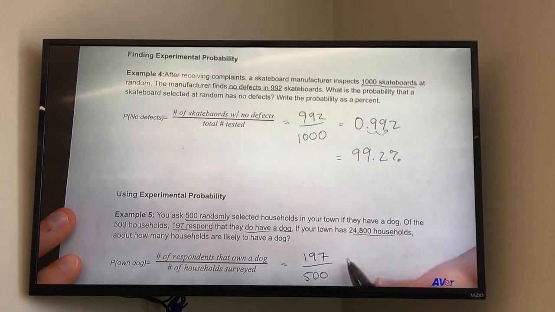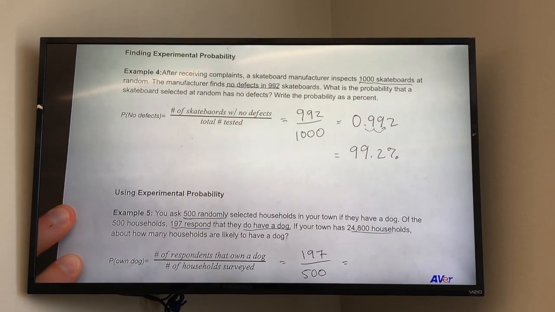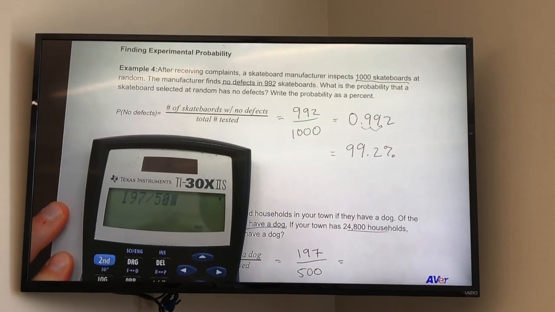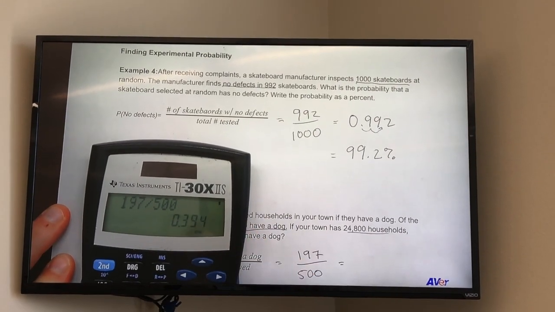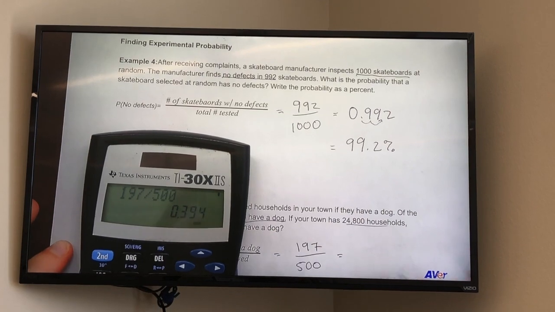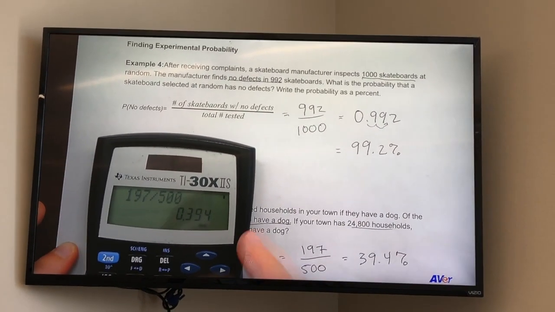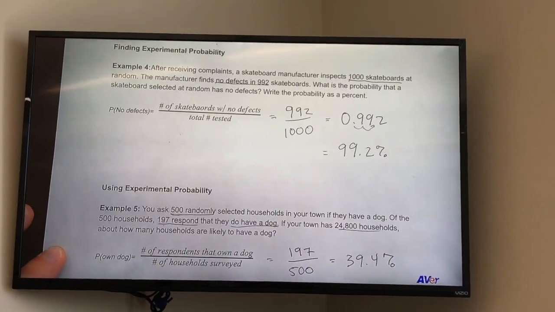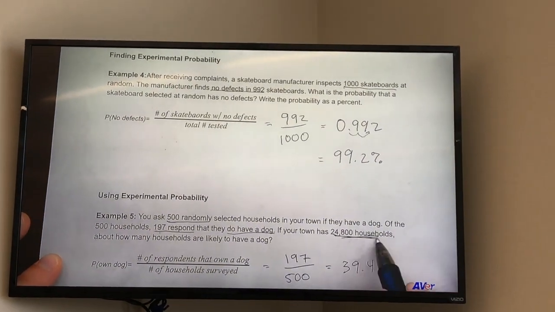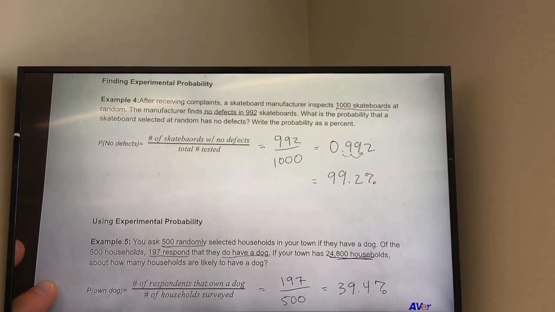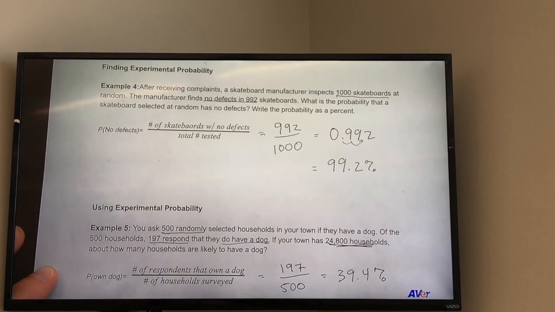So then we write this as a decimal. 197 divided by 500. We get 0.394, which as a percent would be 39.4%. But that's not what the question asked. It says if your town has this many households, how many, using this probability, would likely have a dog? So for that one, you take your probability.